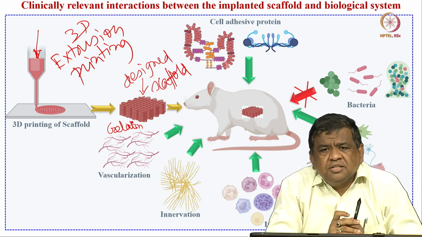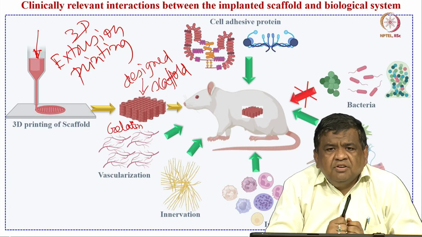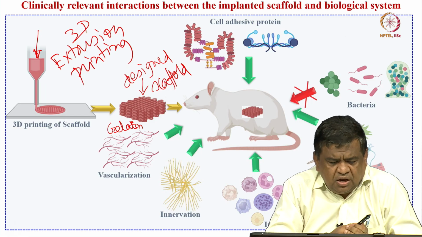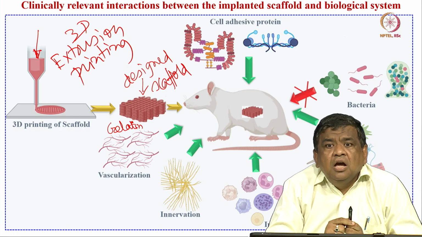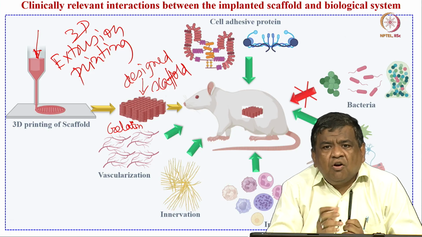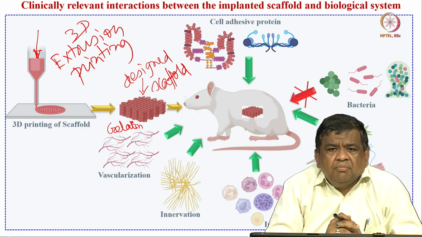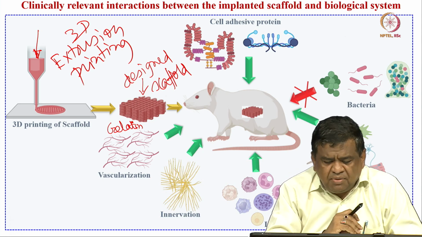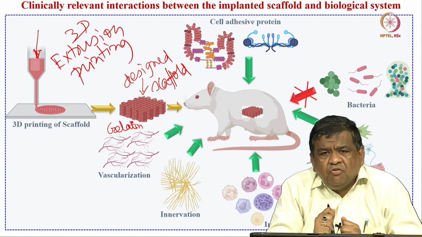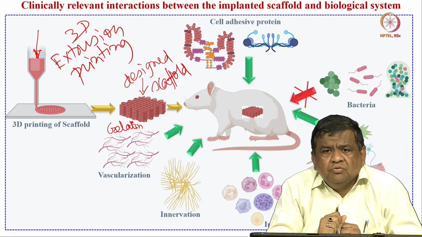And it has been emphasized that this kind of gelatin based material has a specific RGD sequence which allows the cells to recognize very easily and also adhere. So, essentially it will favor more interactions with one of the key components of the biological system, that is cells.